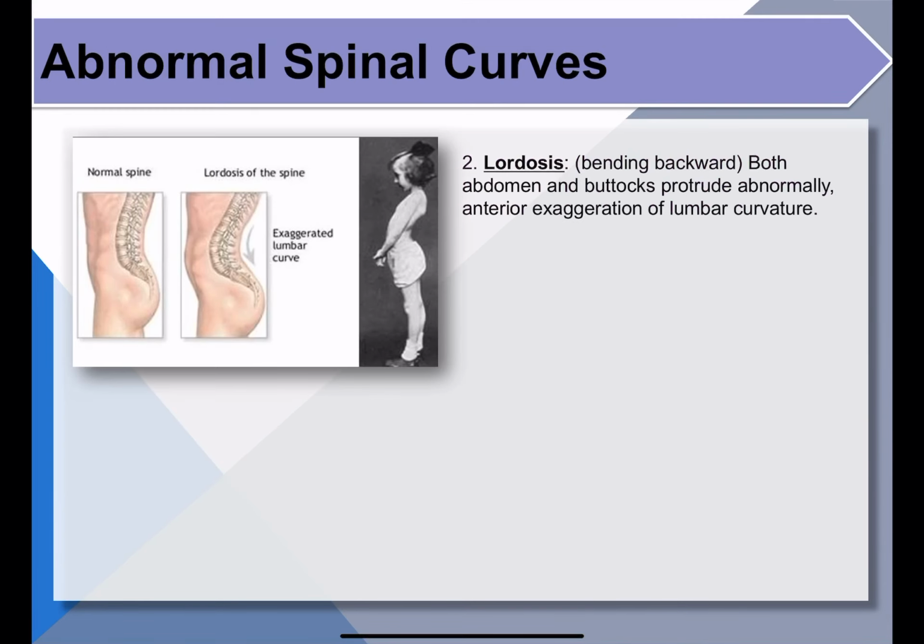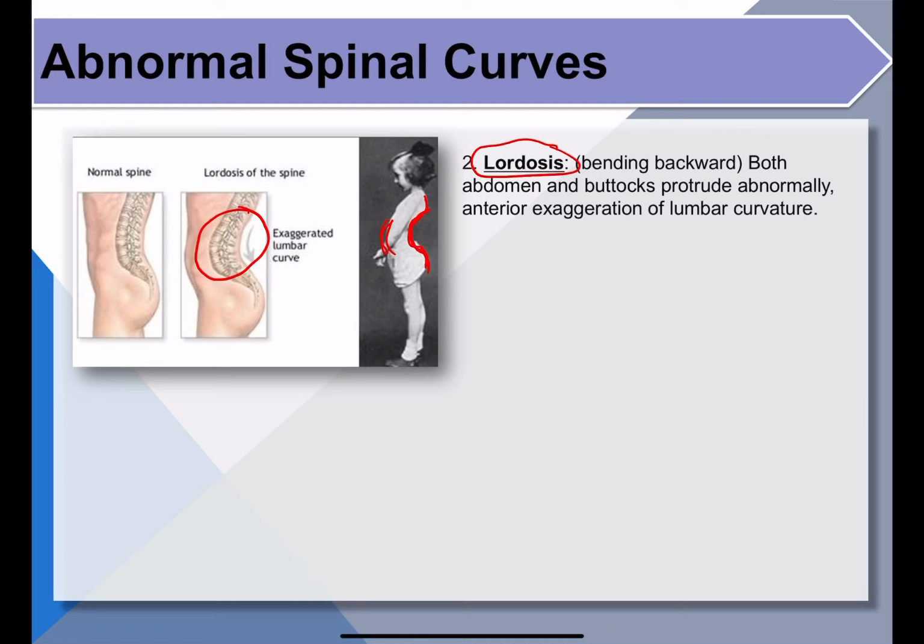Okay, so the second abnormal spinal curvature one can have is called lordosis, which is when we are bending backward like this, but it's kind of like over-bending backwards. Both the abdomen and the buttocks will protrude abnormally, and anatomically speaking, this is due to anterior exaggeration of the lumbar curvature.